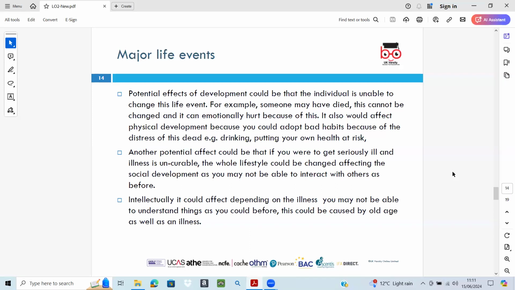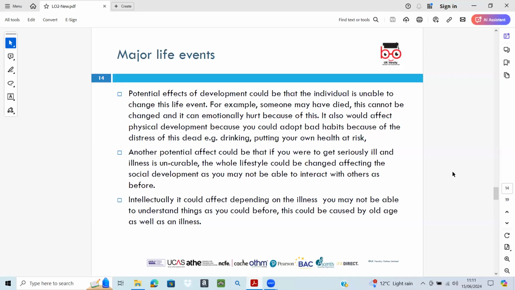So we have big lifestyle changes due to the impact of serious illness. A serious or incurable illness can disrupt an individual's lifestyle, affecting daily routine, social engagements, and overall well-being. It also affects intellectual challenge.